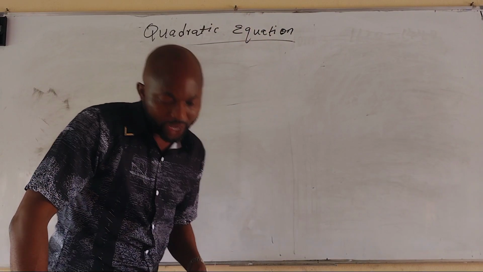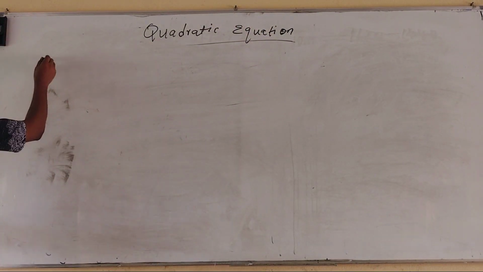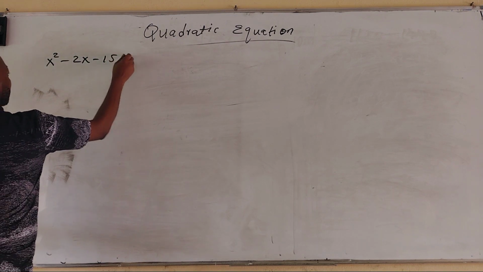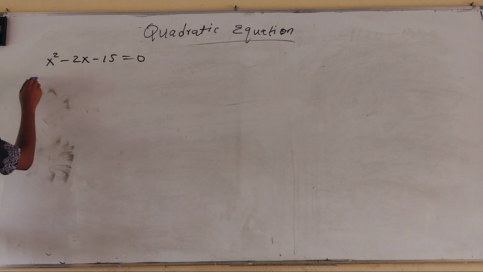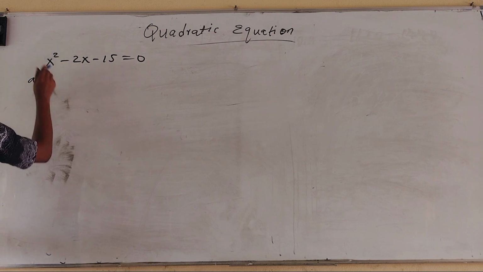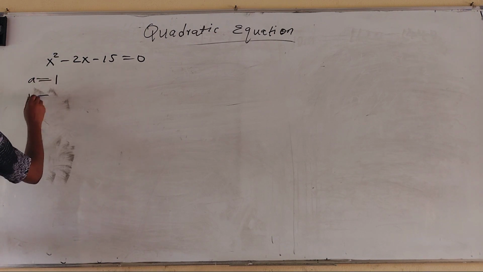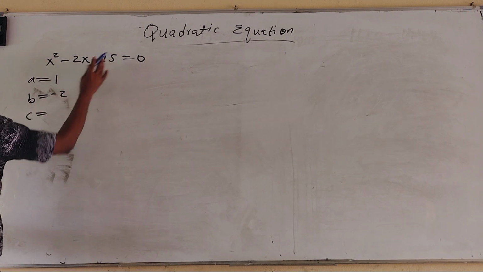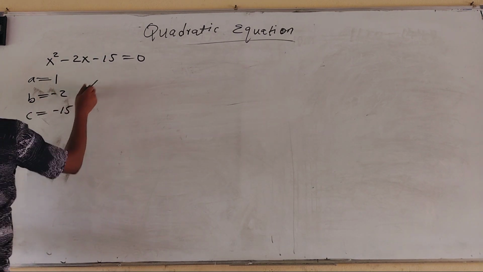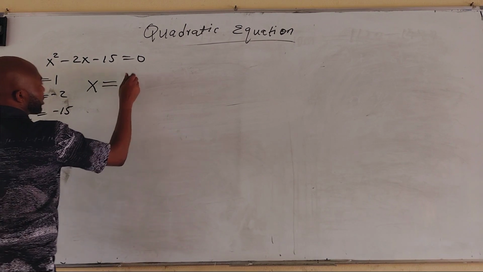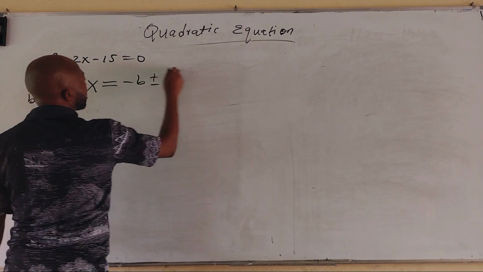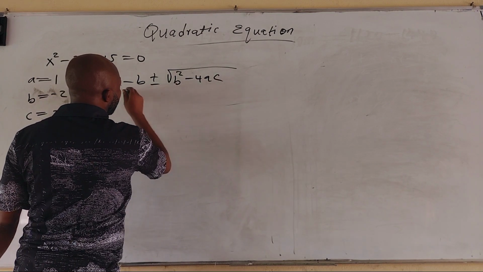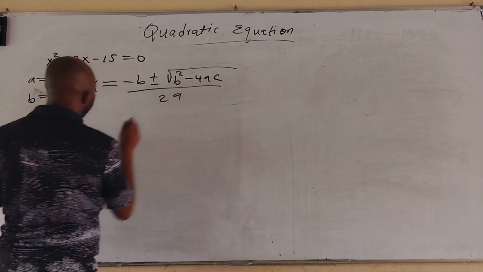X squared minus 2x minus 15 is equal to 0. A is the coefficient of x squared, which is 1. B, the coefficient of x, is minus 2. C is just minus 15. So my X is equal to minus b plus or minus the root of b squared minus 4ac all over 2a.